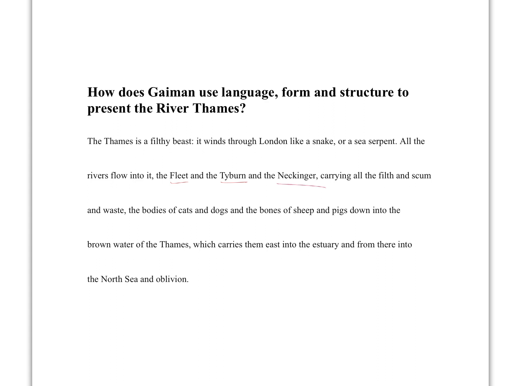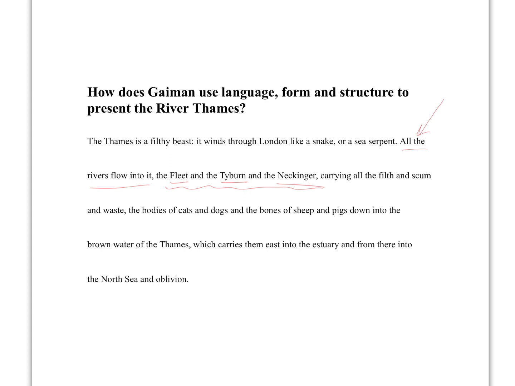Now, we might not have heard those names before, but you can see that just beforehand it talks about all the rivers flow into it, and then it's a fairly good guess that this is a list of rivers. So these are all tributaries, they contribute, all tributaries to the Thames.